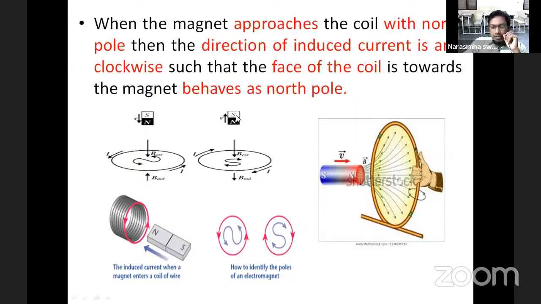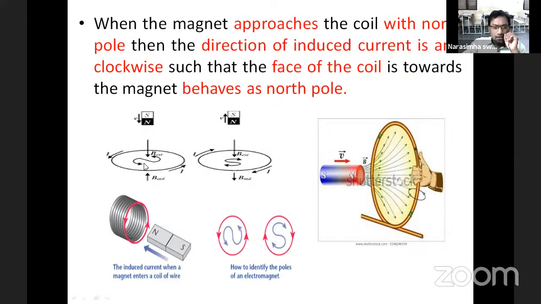opposing the cause. Similarly here, the polarity opposes the cause: the magnet is moving forward, coming to the coil, but it repels. Here, moving away from the coil, it attracts. So this indicates the direction of current which is flowing.